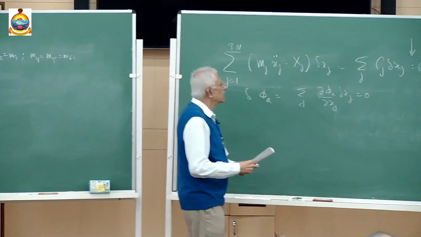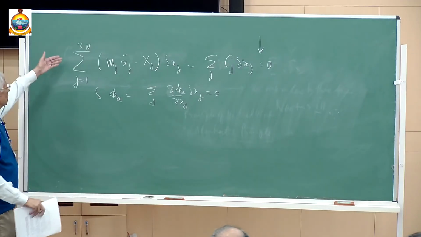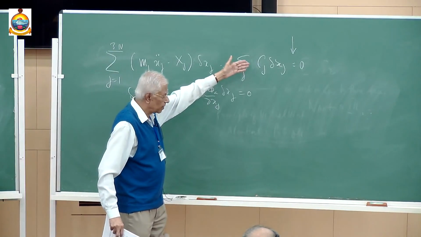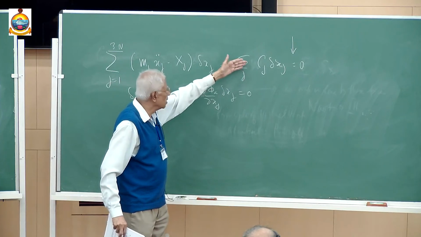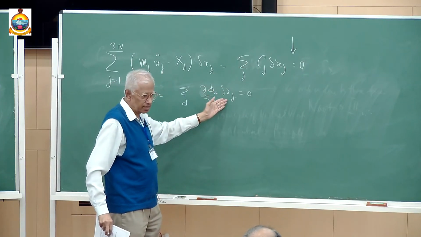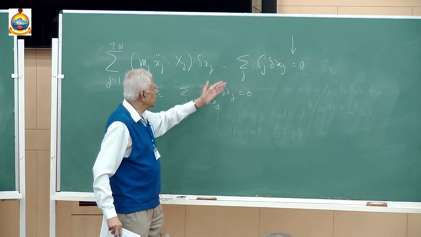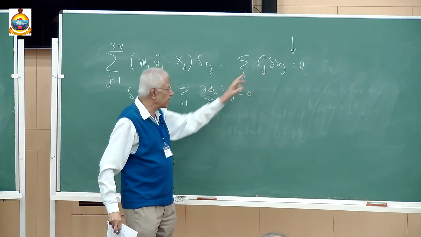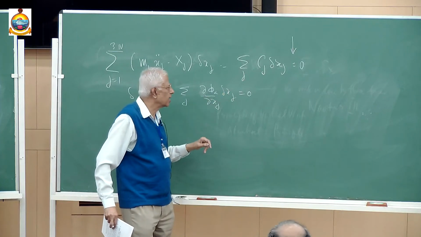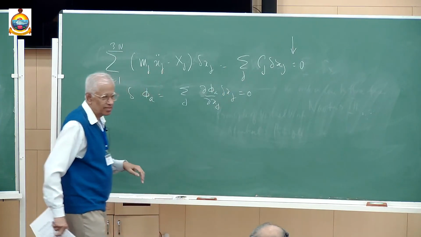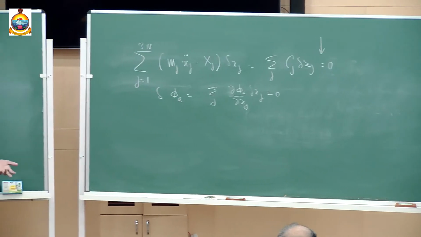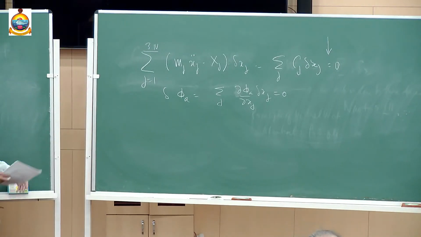So this is true. Now you see that this physical fact is true when this condition is satisfied. So the delta x's here are not all independent. They are restricted by this set of conditions. How do you handle such a system of equations? Mr. Lagrange told you how. The method of Lagrange multipliers has to be used.